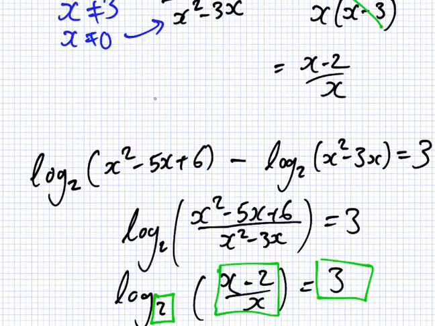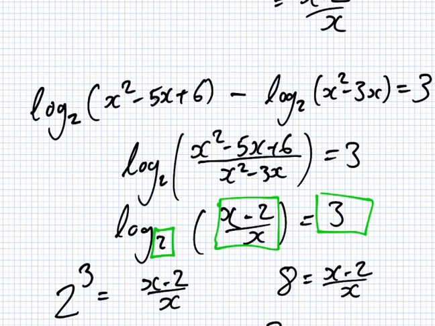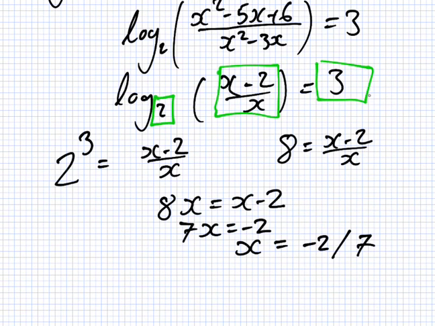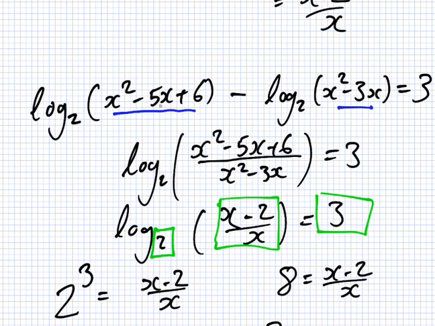No. Secondly, I have to make sure that this and this are still positive. The quickest way to check is to take minus 2 over 7 and put it in here and here and see if we get a positive or a negative, to see if it's allowed or not. Why don't you take the quadratic on the left and I'll do the one on the right.